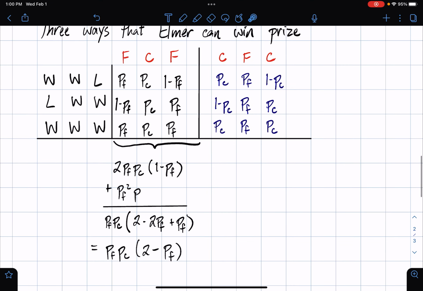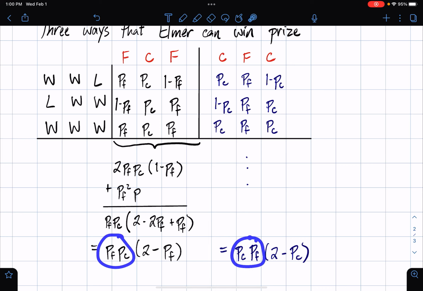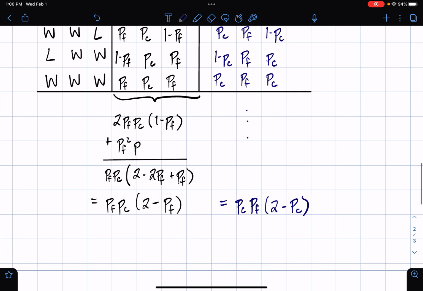Okay, remember over here the F's and the C's just switched roles, and so what we can see over here is that this is going to equal PC, PF, 2 minus PC. These values are always going to be equal to each other. And so what we're really comparing is 2 minus PF versus 2 minus PC.